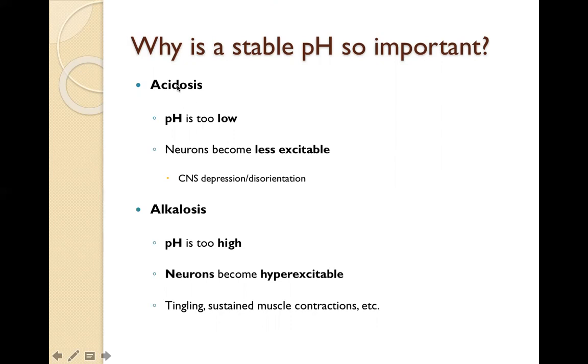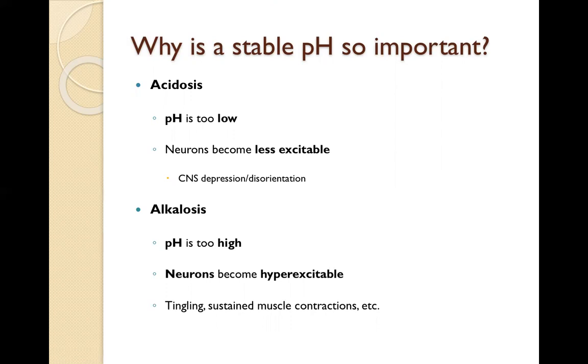Emia meaning blood and acid meaning the state of. For our purposes, acidemia and acidosis are the same thing. In the case of acidosis, the general effect is that the neurons are going to become less excitable. And what this will lead to is an overall central nervous system depression and disorientation.